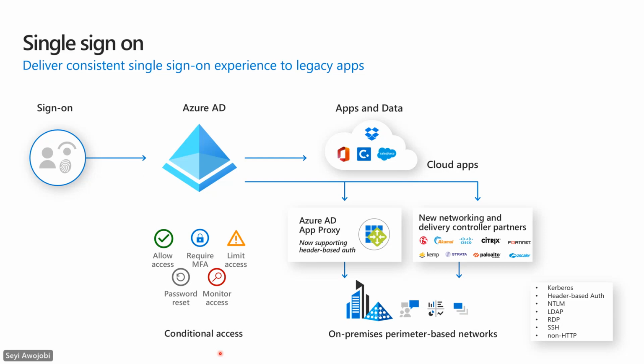So with on-premise applications, Azure AD App Proxy is a feature within Azure AD that supports that SSO and enables users to access on-premise web applications from a remote client, which is going to remove that need for a VPN or reverse proxy.